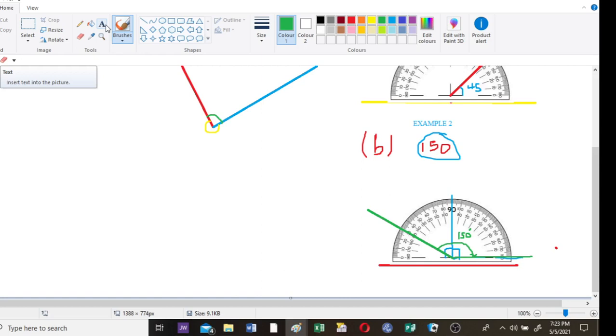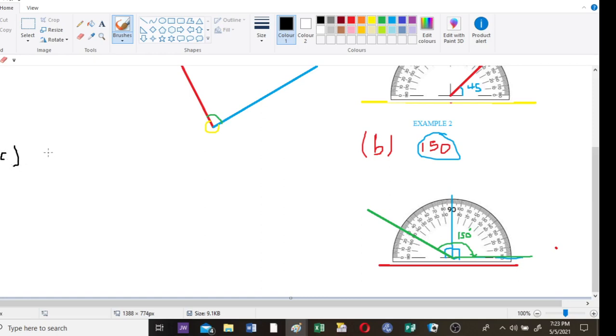Here we are dealing with angles which are within 180. So let's say we want to measure the 160 line. Let's do it from here. The 160, this will be our C.